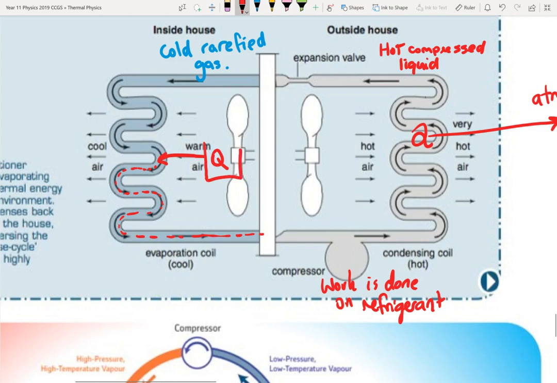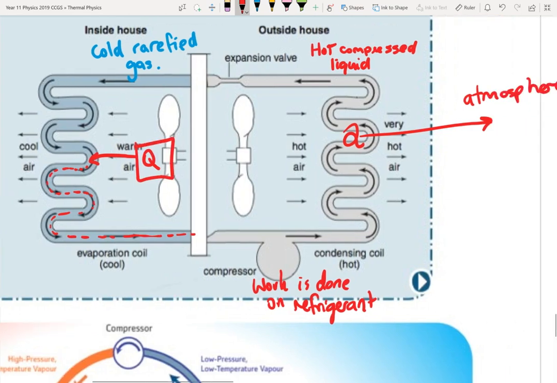So, you know, the 1,000 joules that's removed from the air inside this classroom is the 1,000 joules that's dumped outside. But the only way we can do that is by doing work on the refrigerant to get it to a hotter temperature. Okay? So again, we can't do this process for free.